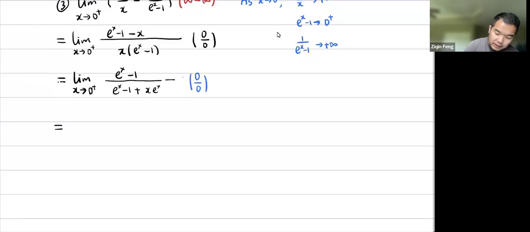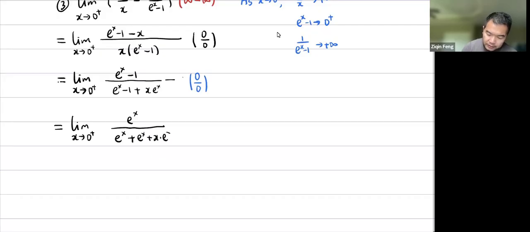So this is the limit as x goes to 0 from right side, e to x plus e to x plus x times e to x, right?